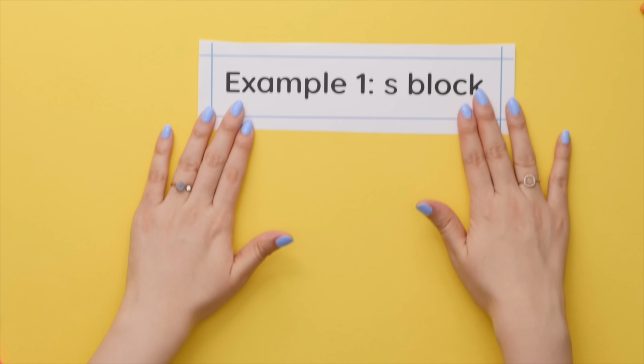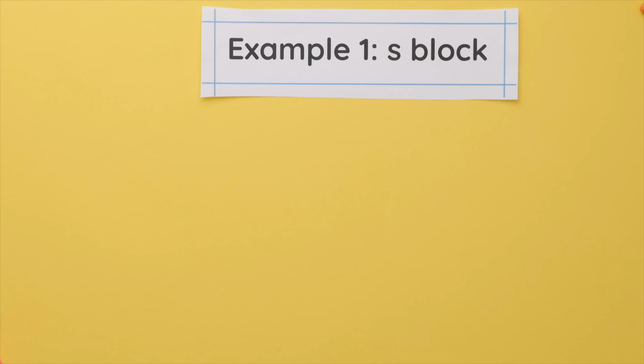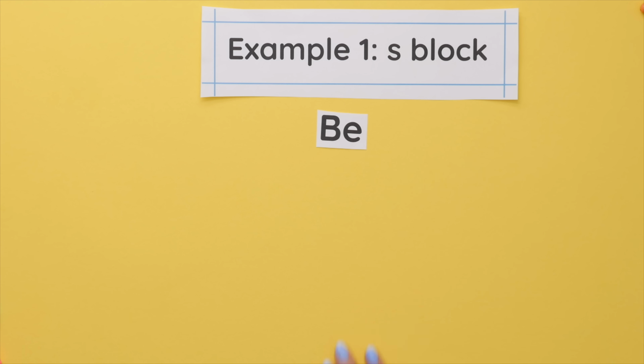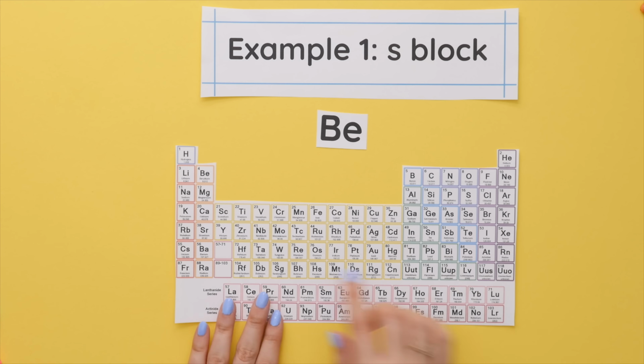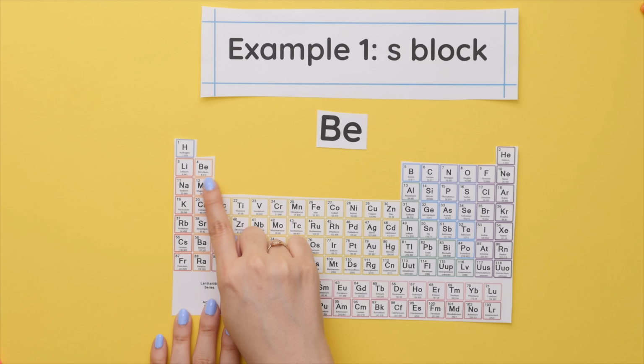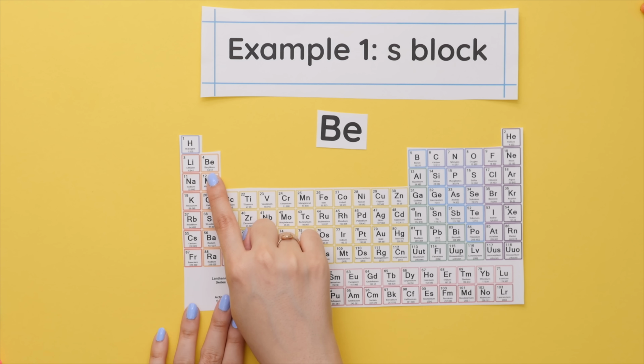Let's do an example of an element in each block. Example 1, S block. To find the electron configuration of any element, we always start from hydrogen and make our way going from left to right to the element we are trying to find, which in this case is beryllium.